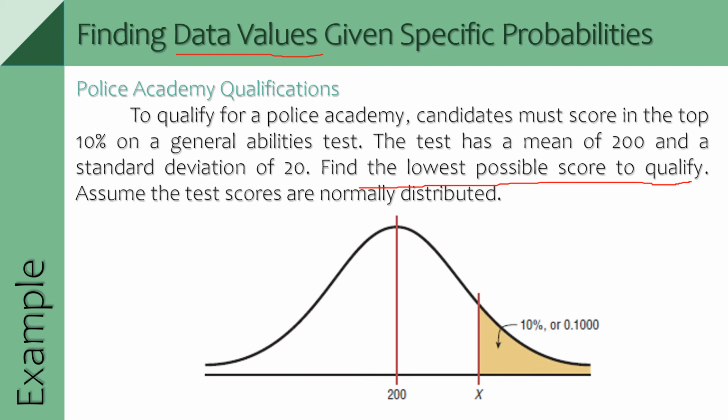So if the lowest possible score is x, this 10% is the area on the right side of the lowest possible score. Since that is the area to the right of the lowest possible score, we need to find the value of x through this one. Okay, how can we do that?